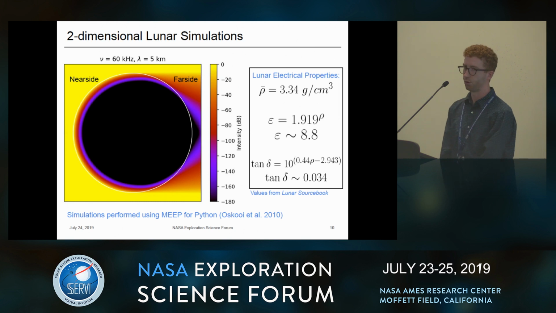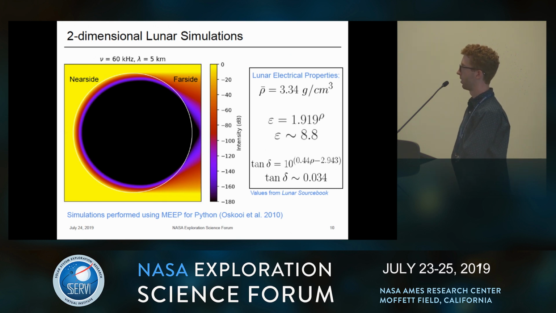And in order to try to capture the electrical properties of the moon, I took some average values for the properties of the lunar material, and I just used average values because we're really not concerned with how far the waves penetrate into the surface. We're more concerned with their intensity behind the far side.